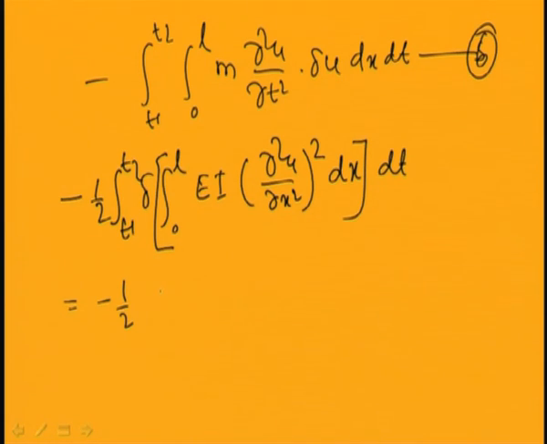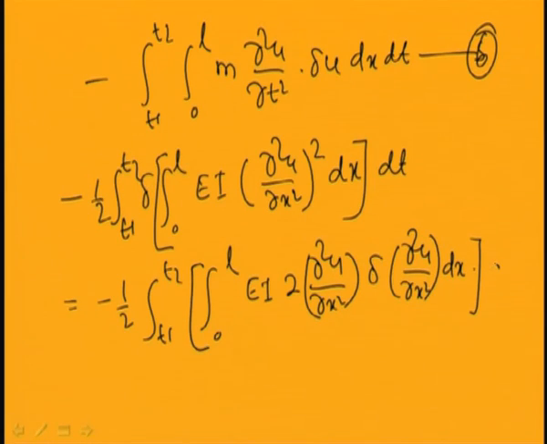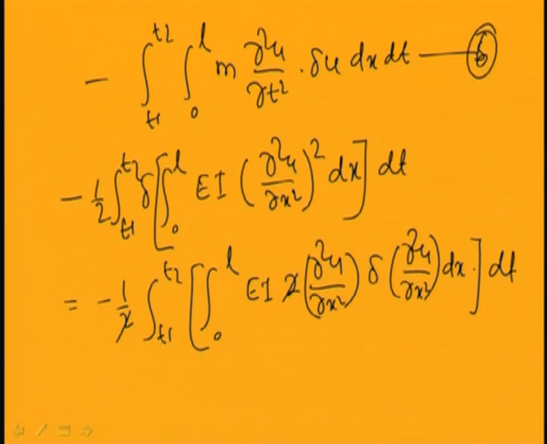So, this becomes minus half integral T1 to T2, 0 to L, then E I, applying this del operator inside, 2 into del squared u by del x squared into del of del squared u by del x squared dx, and outside dt. So, this 2 cancels, and this becomes minus integral T1 to T2.